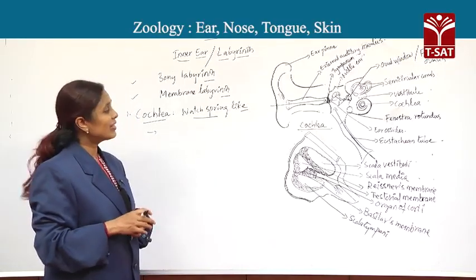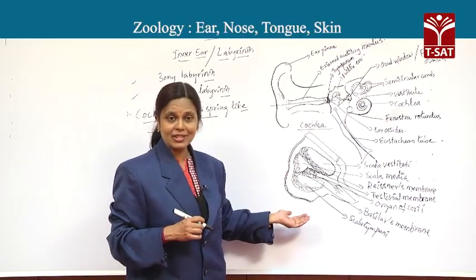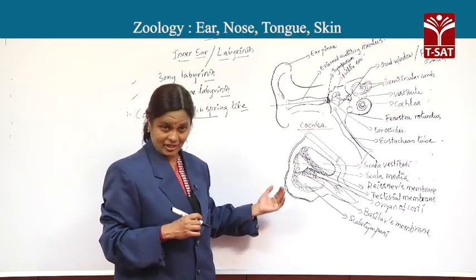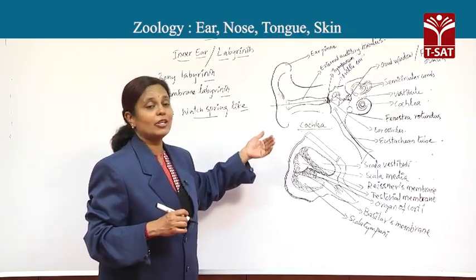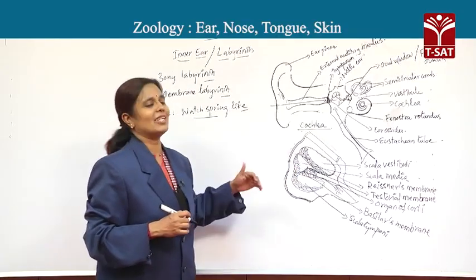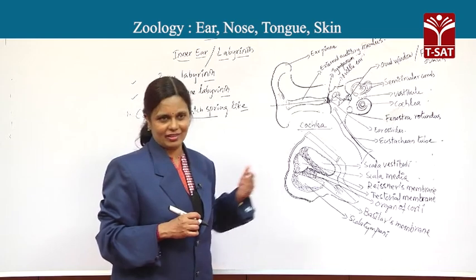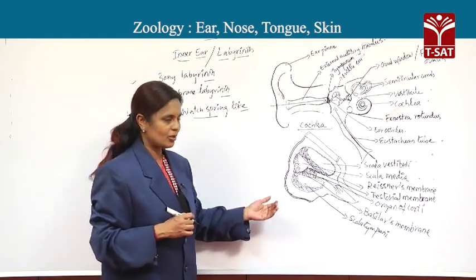So, what are those 3 tubes present inside this cochlea? We are seeing that cochlea is a watch spring like coiled tube, but it has 3 tubes in fact inside it. What are those 3 tubes?